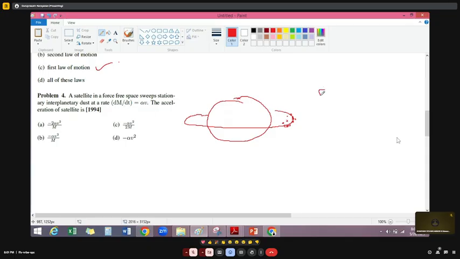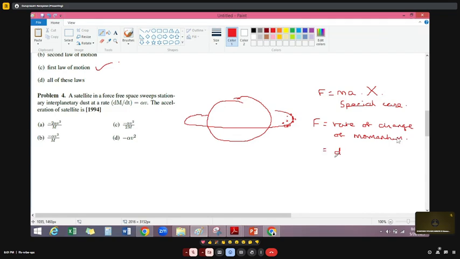F is equal to ma, which we have been saying very often, is not a 100% correct formula. The reason I say that is this is a special case. The actual formula is Newton's second law, which is rate of change of momentum. What does that mean?